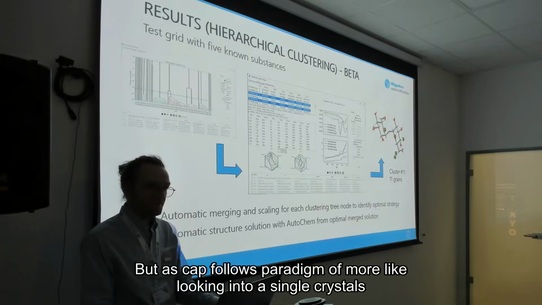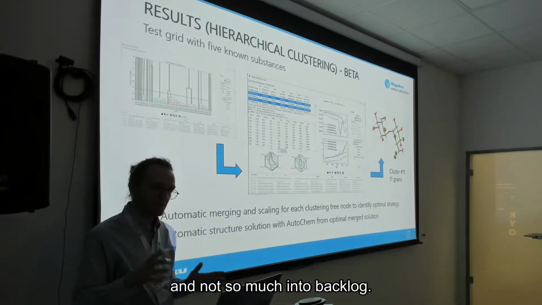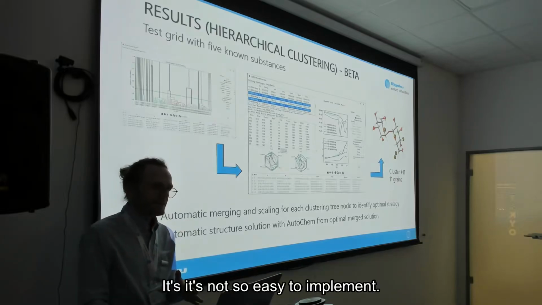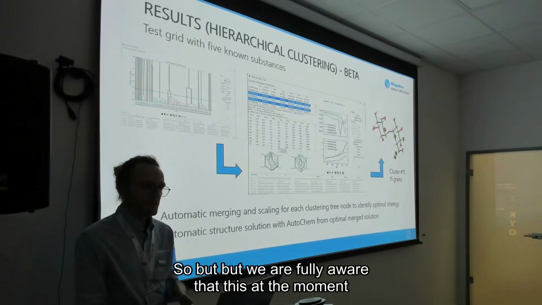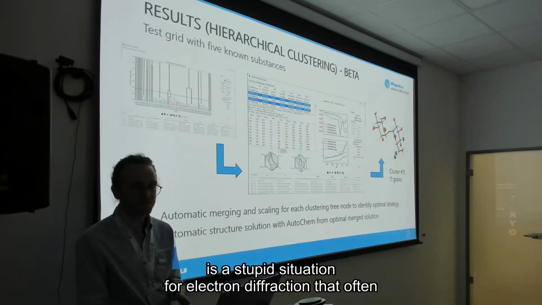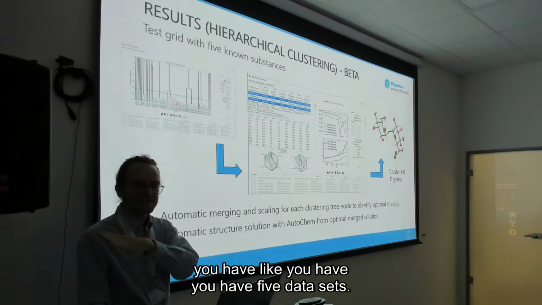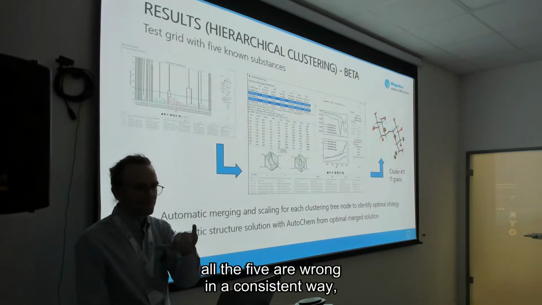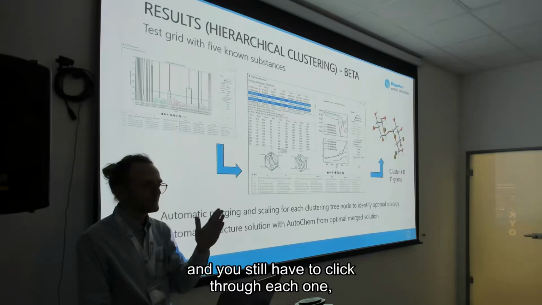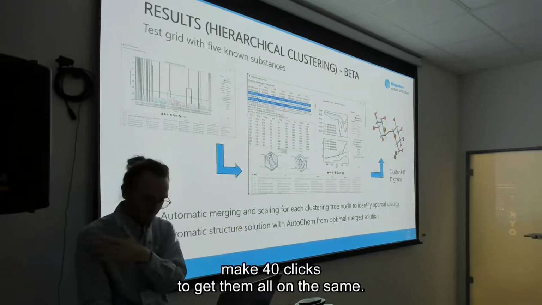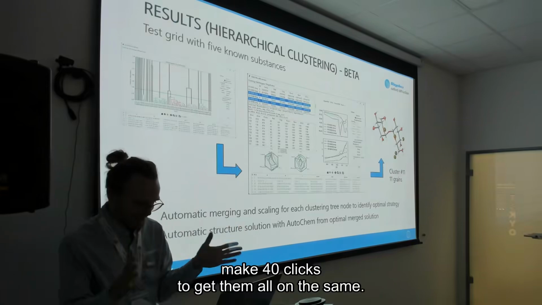Okay. But as CAP follows a paradigm of looking into single crystals and not so much into bulk, it's not so easy to implement. But we are fully aware that this at the moment is a stupid situation for electron diffraction. Often you have 5 data sets, you know that all 5 are wrong in a consistent way, and you still have to click through each one, make 40 clicks to get them all on the same.